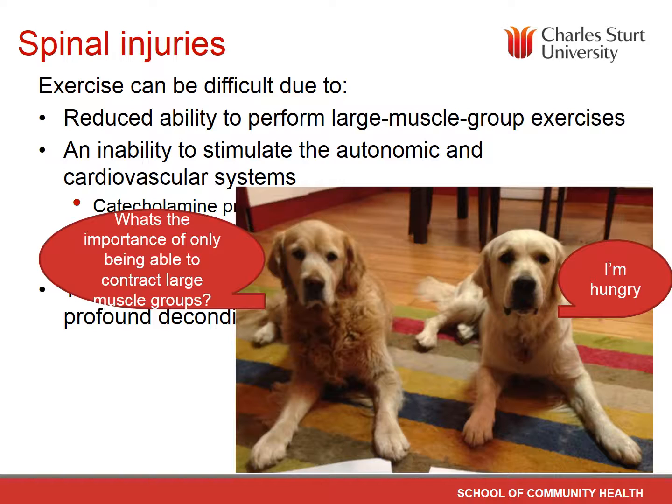We're also just thinking about on a smaller scale, we're not generating enough force to use, for example, extra calories that have been stored. So we're not going to burn as much energy with exercise as well. So it makes it quite tricky, and again, it depends on the level of the spinal injury. But if you can't perform large muscle group exercises, seeing the effects from exercise training that we've learnt about in healthy people becomes quite tricky.